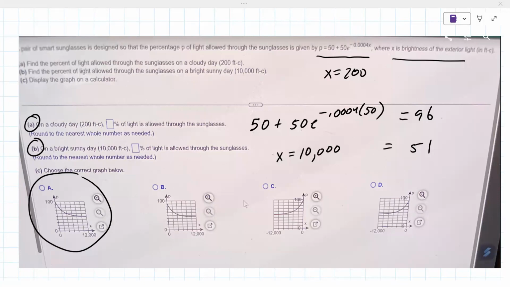Next one is, what's this, number 12? Getting close to the end here.